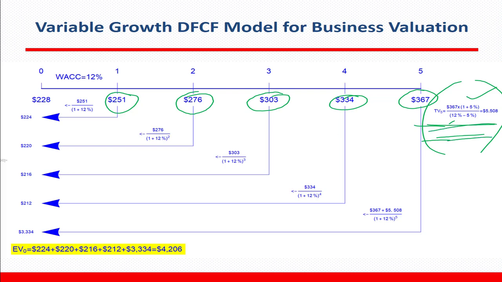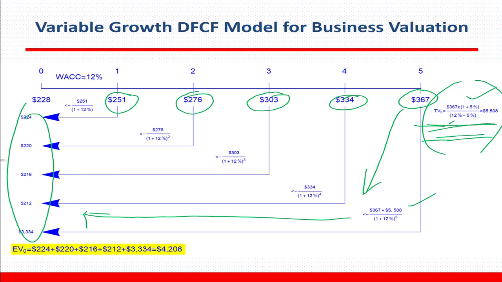Once you compute that, you sum the 5th year's cash flow plus the terminal value and discount it to the present. Once you compute the discounted value of all the future cash flows, you can sum them all and get the value of this business, which is 4,206.